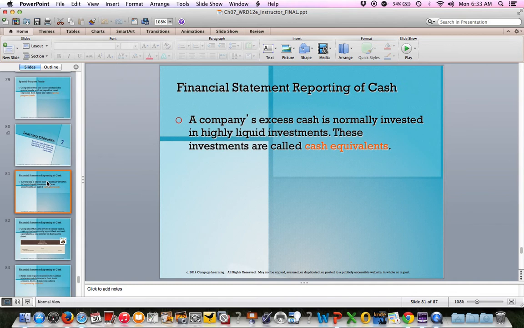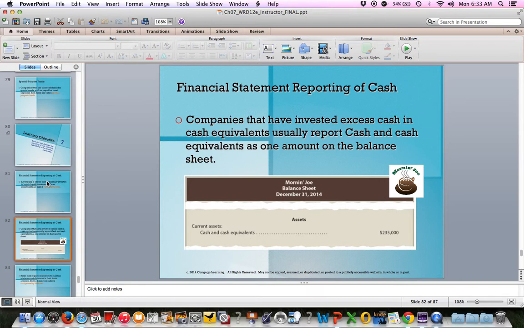You get at least a higher return than a savings account. And so typically you'll have a line item on a balance sheet that says cash and cash equivalents. Basically anything that is cash or that is very easily turned into cash just by calling up your bank, or quite often you can just go onto your bank's website and transfer money and turn it into cash easily.